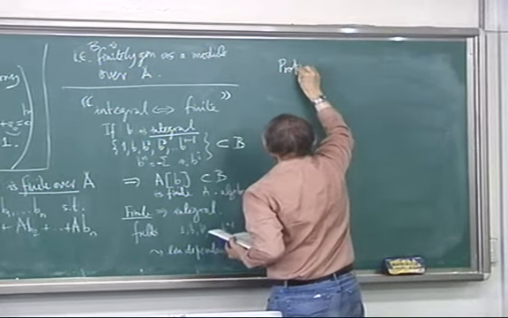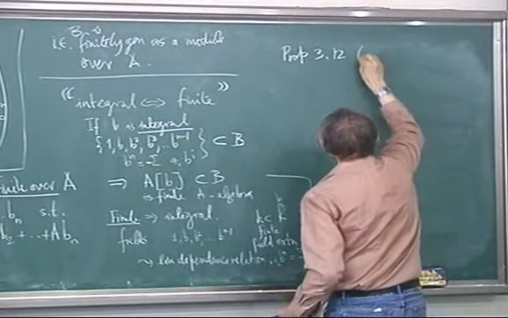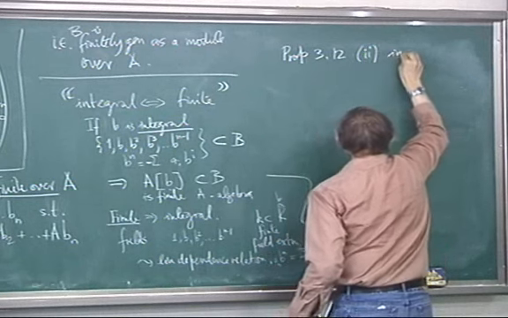So this is proposition 3.12. Is it 2 in UAG?